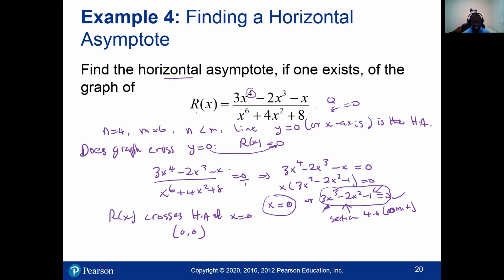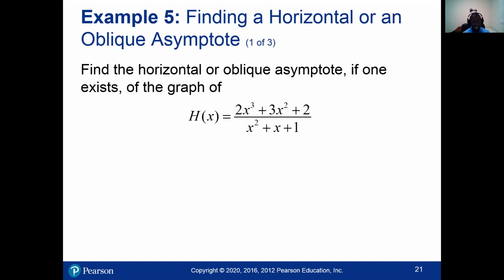Now, second, another example: find the horizontal asymptote or oblique asymptote, if one exists, of the graph of this function, h of x. Now look at the degrees. The degree of the numerator is 3. The degree of the denominator is 2.